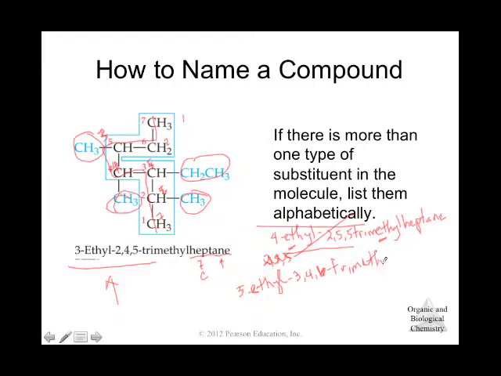So 5, 3, 4, and 6 is much higher than 3, 2, 4, and 5, so that's why the correct numbering is to start here. All right, so if you have more than one type of substituent, in this case we had ethyl and methyl, the ethyl goes first because of alphabet. Even though I have a tri here, it's the M in methyl that I'm using to do the alphabetization.